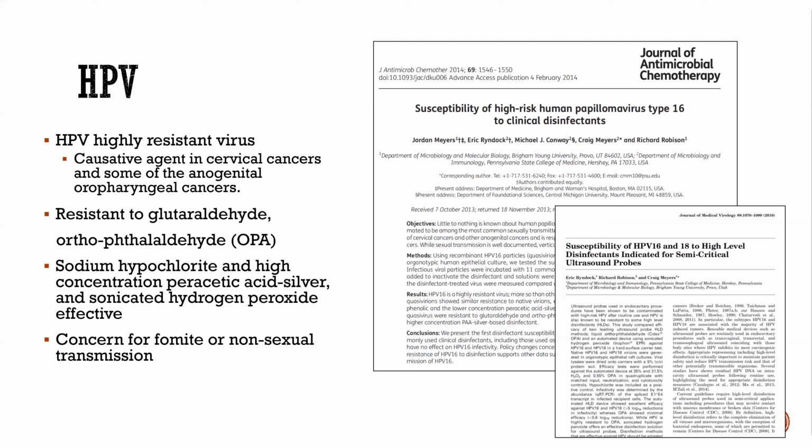Based on these studies and the resistance noted with HPV to glutaraldehyde, there was concern for a potential for transmission of the virus from fomites, so from surfaces or contamination, and non-sexual transmission, so obviously the probes. There are a couple of articles there, and those are also included in the reference list.